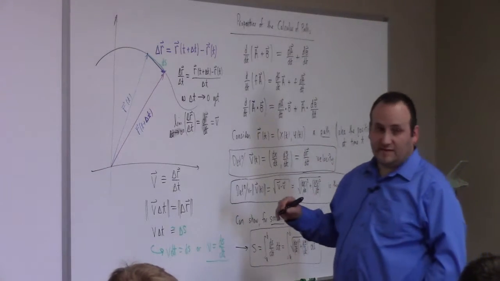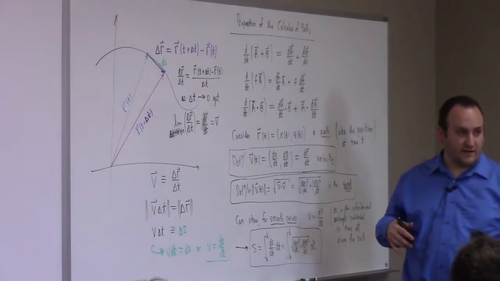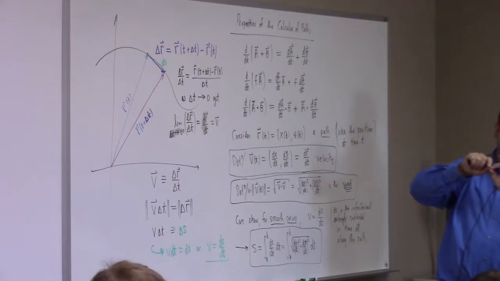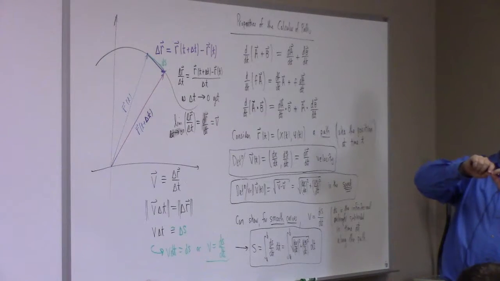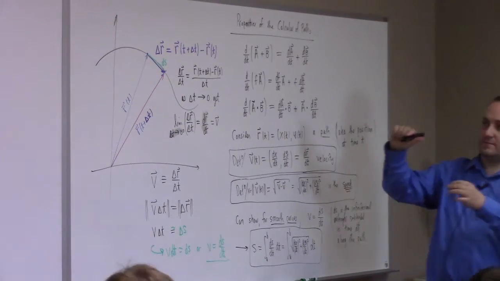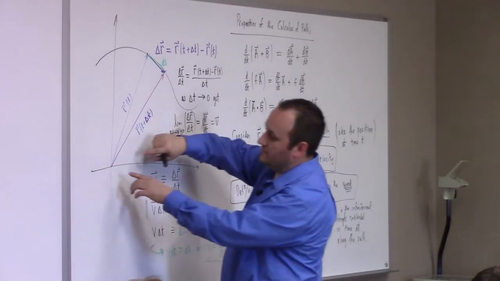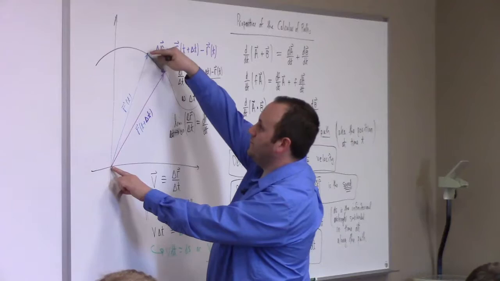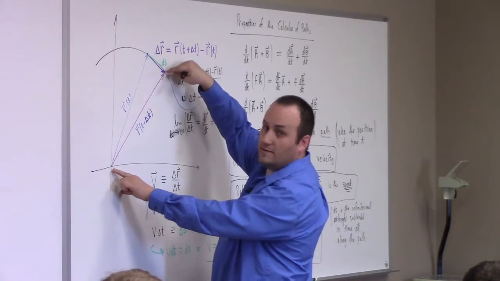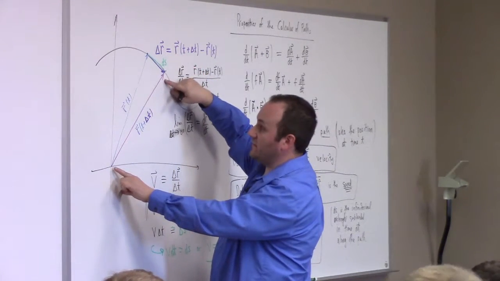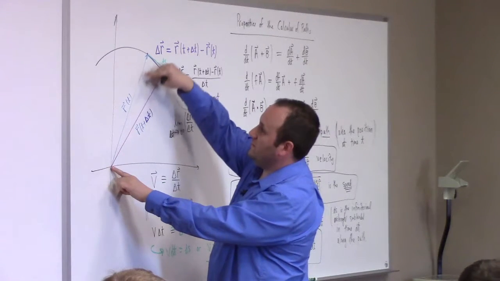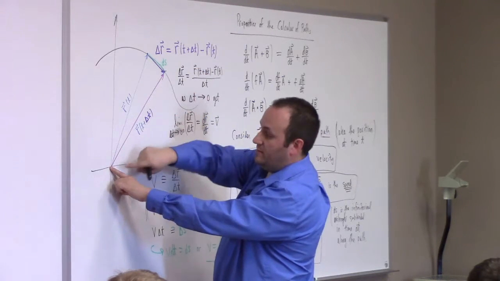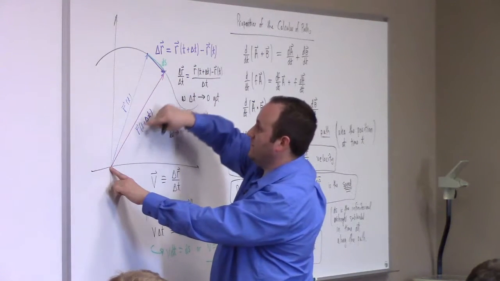I mentioned to you last time the way we add vectors is tip to tail, right? If you want to take vector A plus vector B, put them one after the other, and then the resultant is what you get from going from the start of A to where A plus B ends up. So here, I have the blue vector plus the purple vector, and that should be the same as the pink vector. See that? This tip to tail with the purple vector gives me the same displacement from the origin, this pink vector.